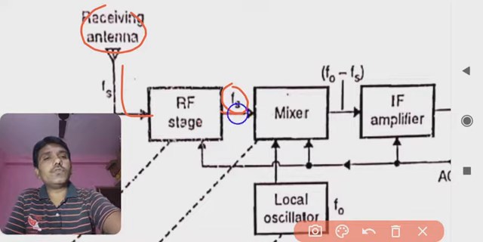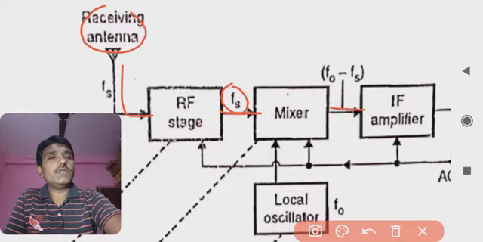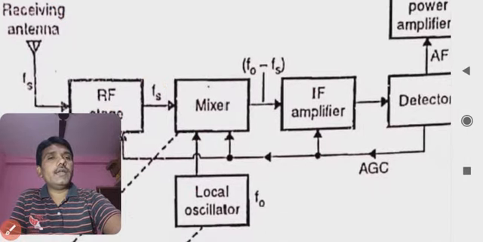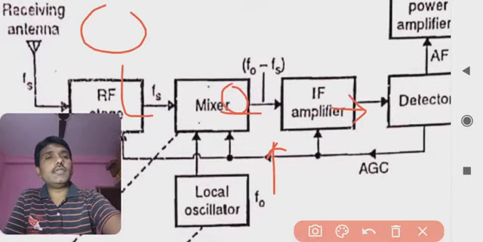Then it goes to the mixer, and from the mixer it is given to the IF amplifier, and here the local oscillator is there, which is maintaining this cycle. After this IF amplifier, it goes to the detector, and through the detector it goes to the power amplifier and then the loudspeaker.